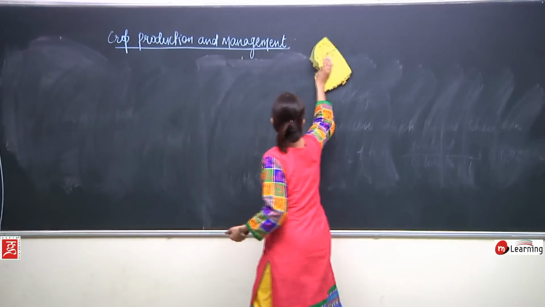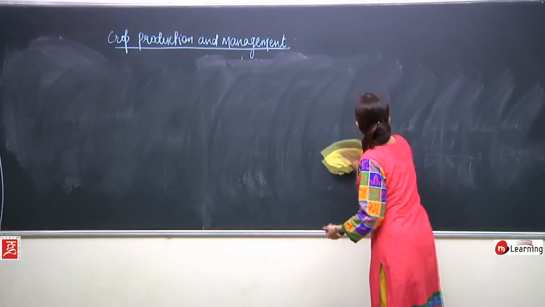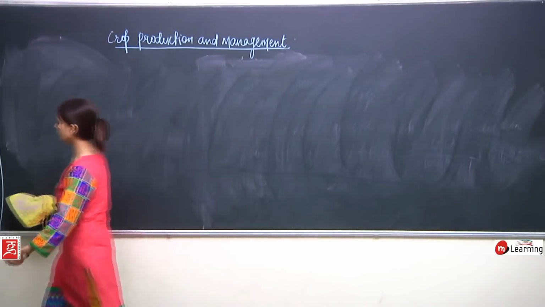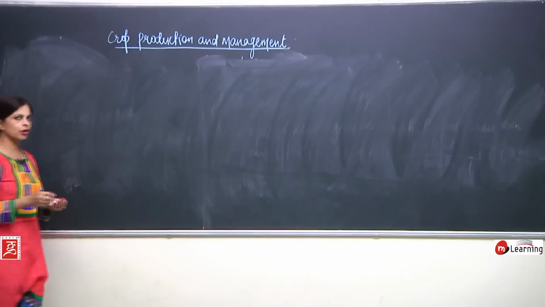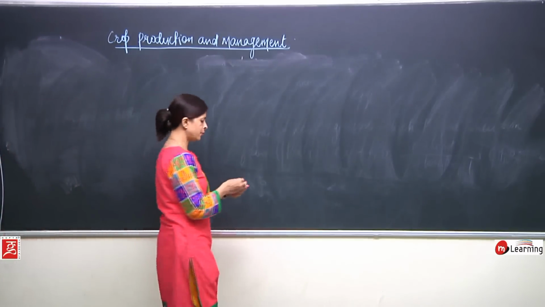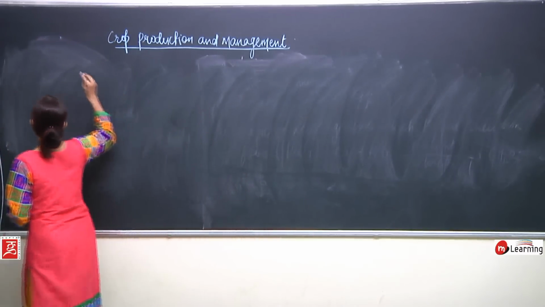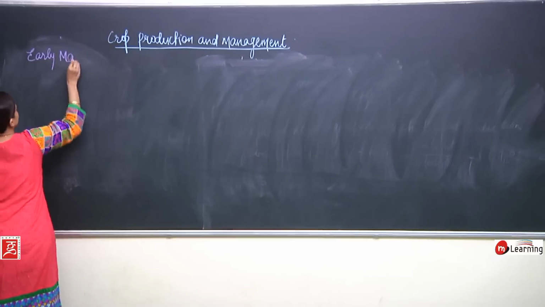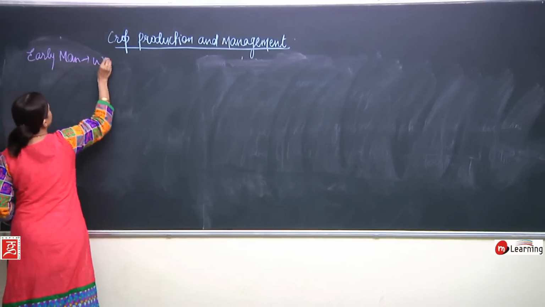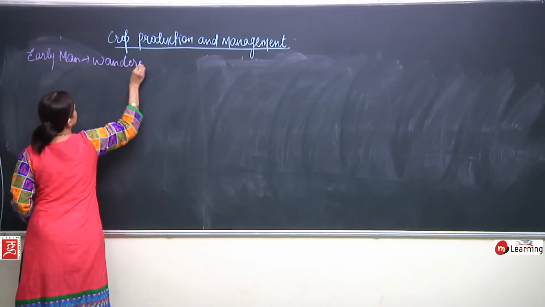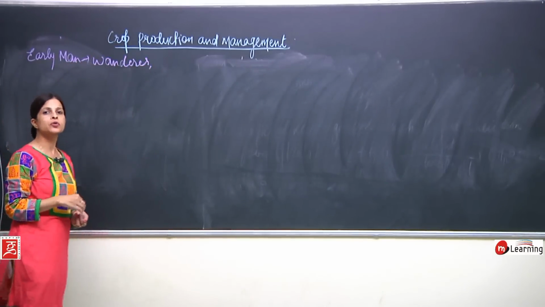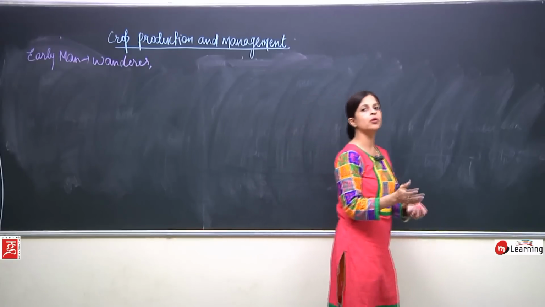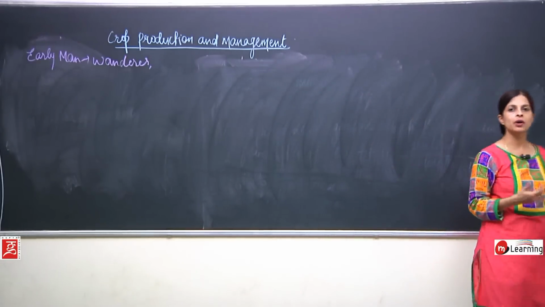Then slowly, he started growing crops. So first of all, the early man was a wanderer, or he used to live a nomadic life. What's the meaning of nomadic? The one who keeps on shifting from one place to another.